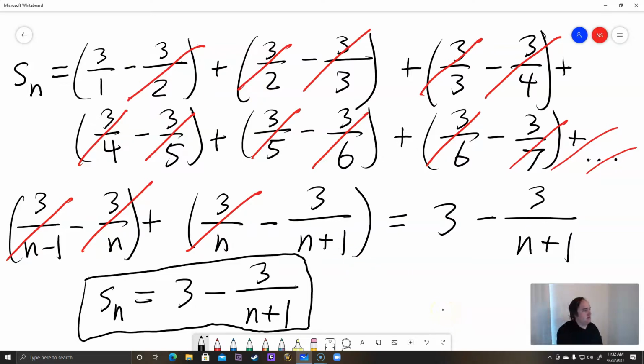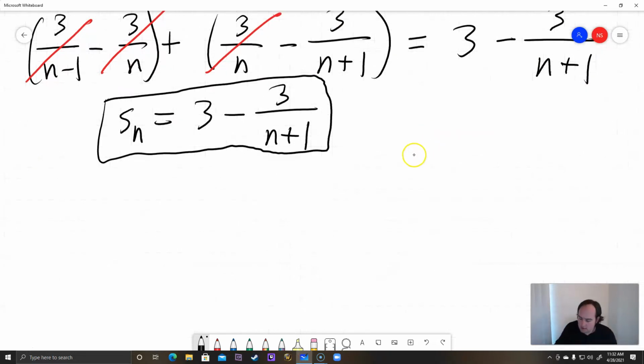Okay, and then they want us to determine whether the series converges or diverges. With these, basically you can just take the limit as n goes to infinity of the nth partial sum. If that's a number, that's what this series converges to. If it's infinity or negative infinity, then the series diverges.